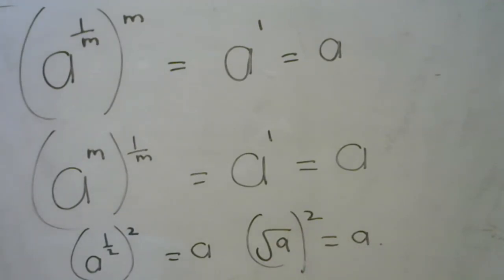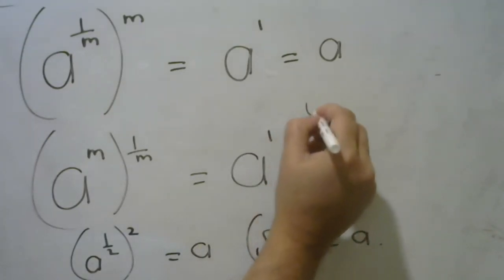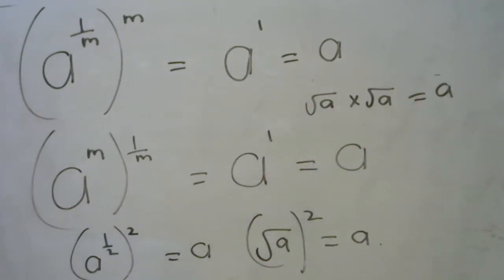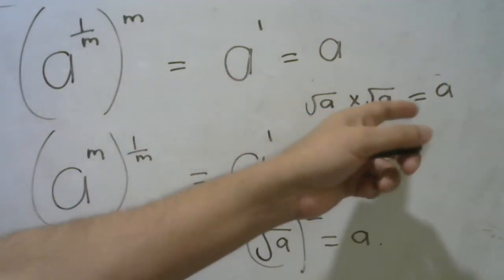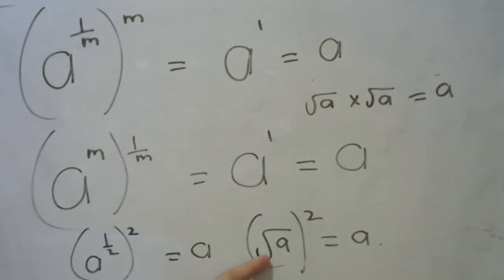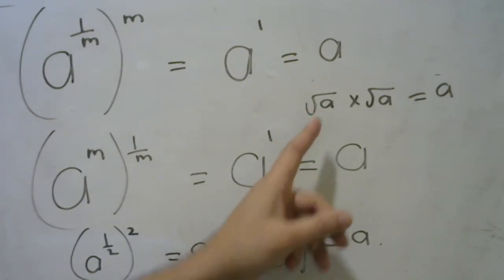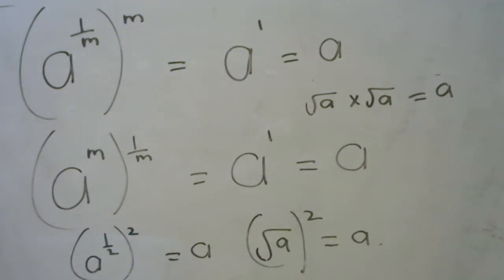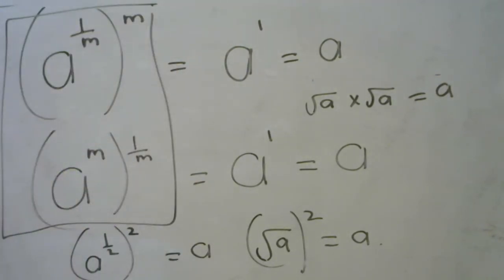So this concept, the square root of something squared is equal to root of a multiplied by root of a is a. This is what this is saying here. Square root squared is equal to a. Square root squared means the square root multiplied by the square root. Now these two ideas here, try to do some exercise with this. Good, I'll stop here.